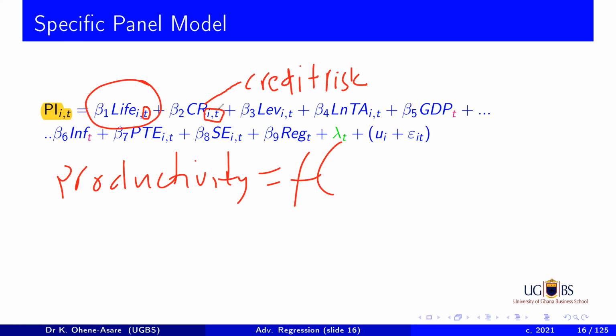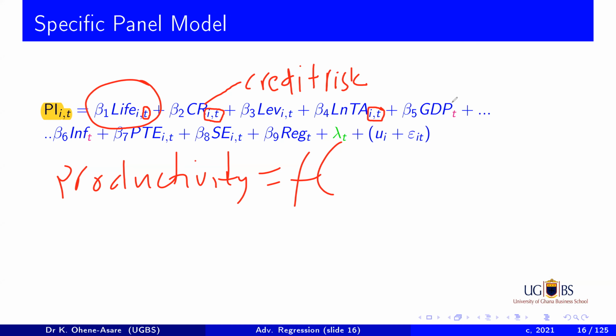Leverage is a numerical variable, changing across time and across individuals. The next variable is the log of total assets. Total assets is changing across time and across individuals.